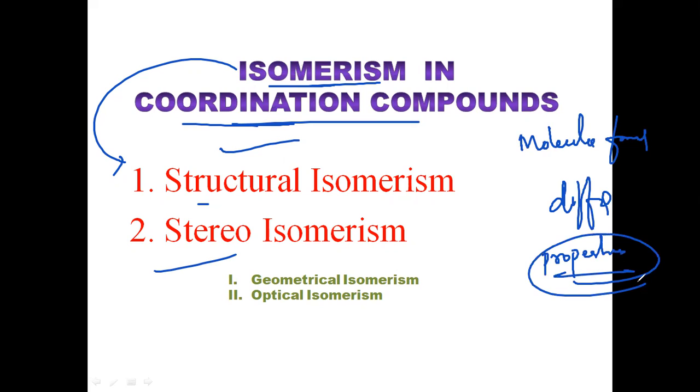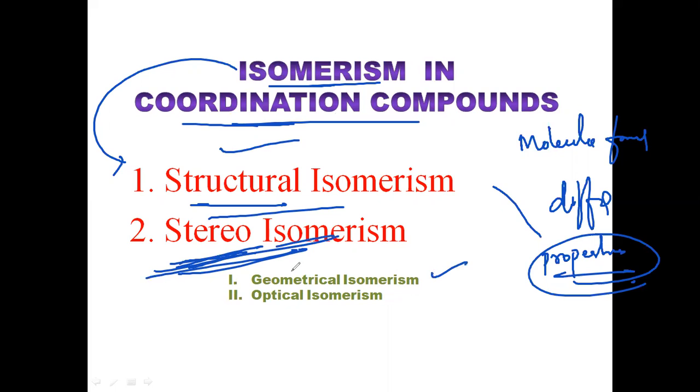The properties are different due to a change in the structure or a change in the stereo, that means the orientation of groups. So there are two classifications of isomerism: structural isomerism and stereoisomerism. Again, stereoisomerism is classified into two types: geometrical isomerism and optical isomerism.